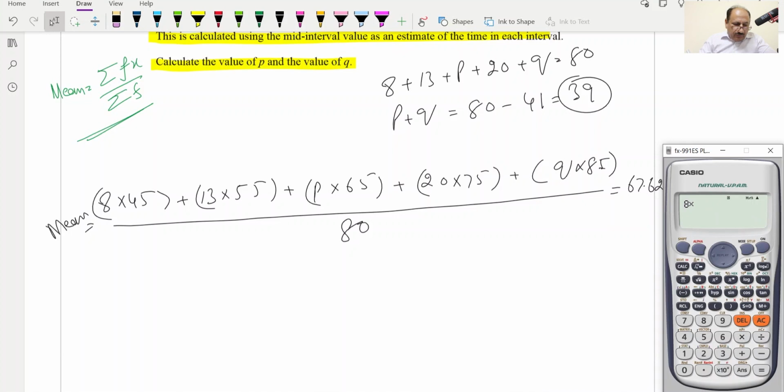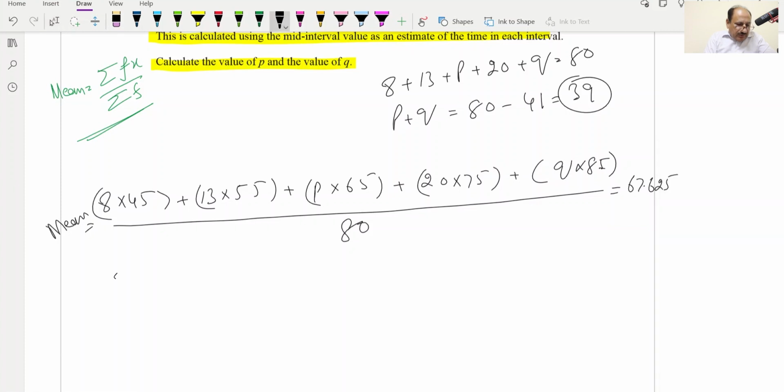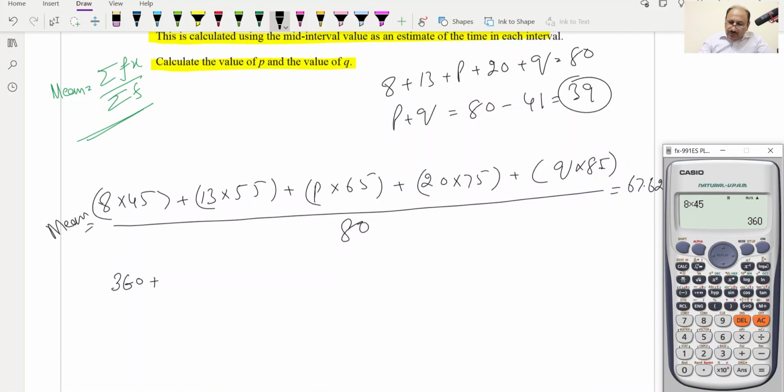8 multiplied by 45 will be equal to 360. So we can write this as 360 plus 13 into 55.